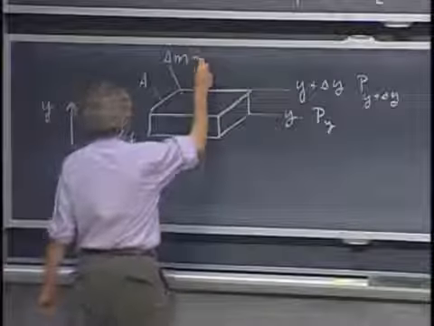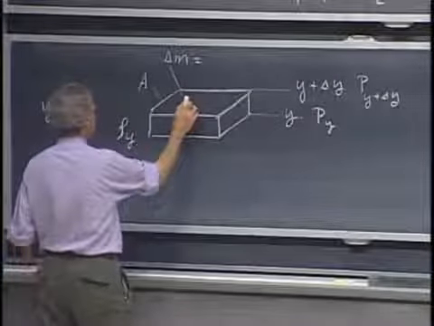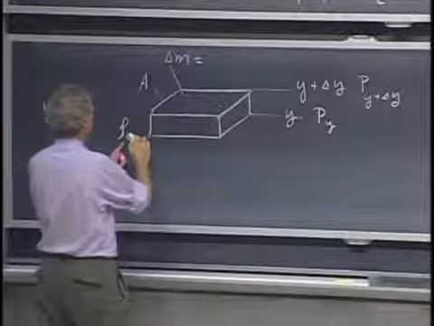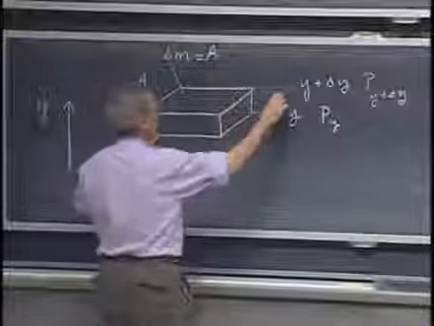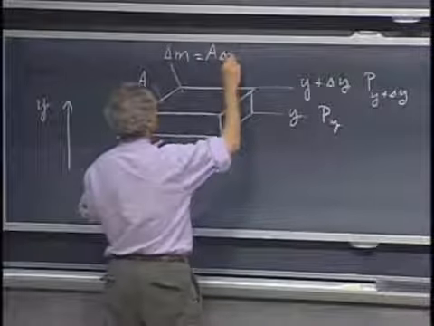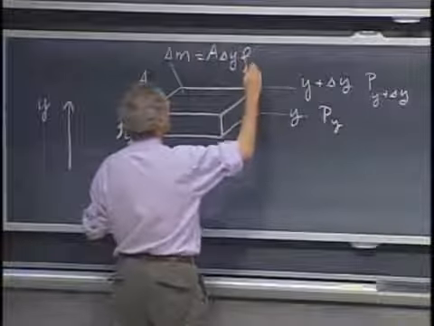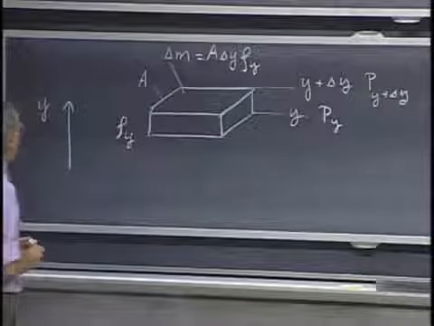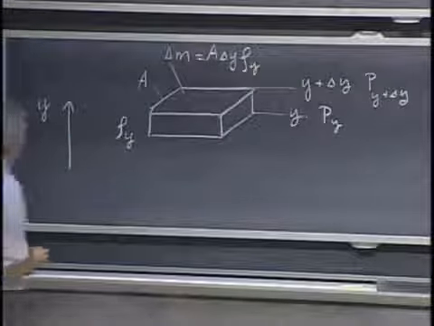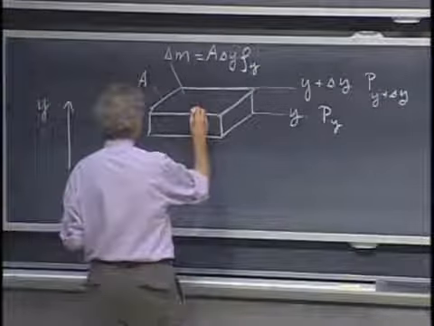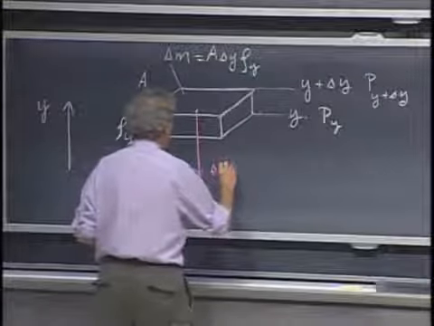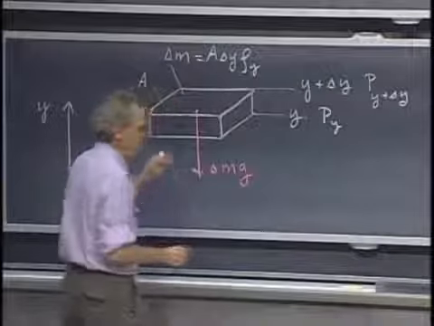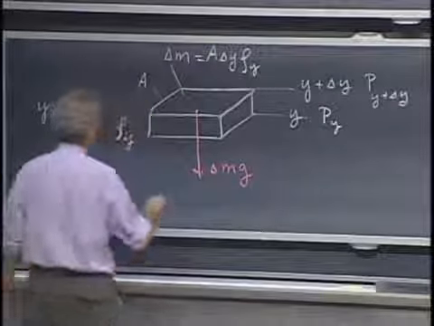And so the mass that I have here is the volume times the density. And the volume is A, this area, times delta y, and then times the density, which may be a function of y. So if now I put in all the forces at work here, there is gravity, which is delta m times g, in this direction.